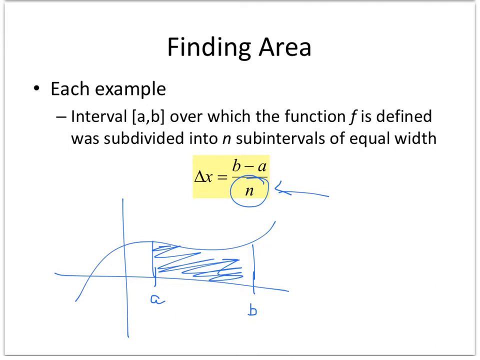If this is, say, from 1 to 5, and let's say this is time, and I want to check every 1 hour, then I simply would plug into this formula. I would plug in my interval, my 5 minus 1, and then in this case, if I wanted 4 rectangles, I'd put my n equals 4. So this value is however many subintervals you want.